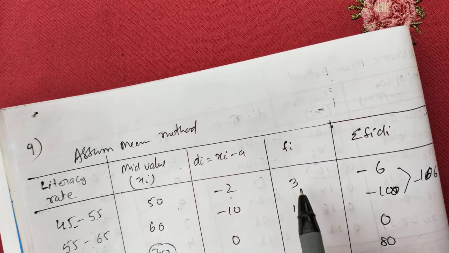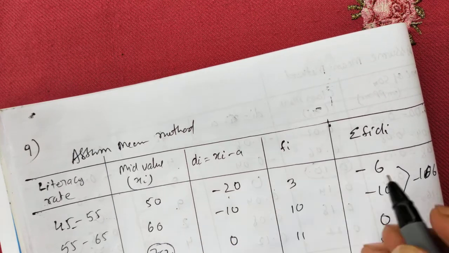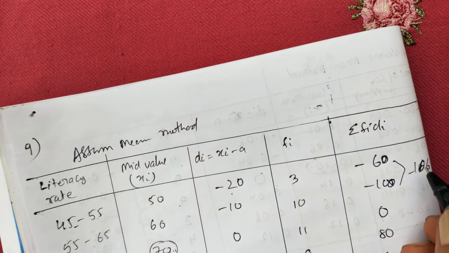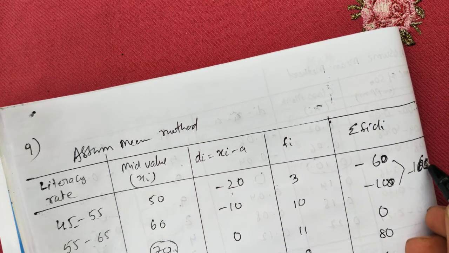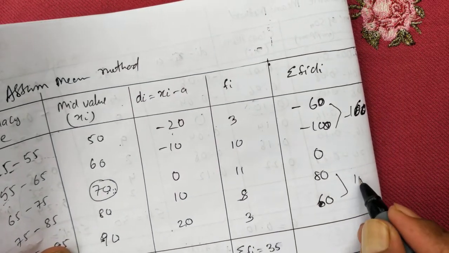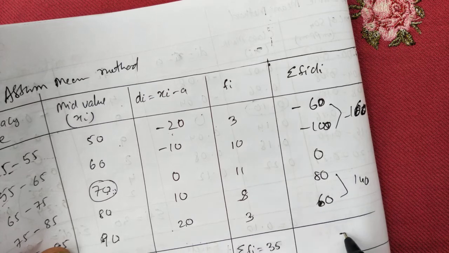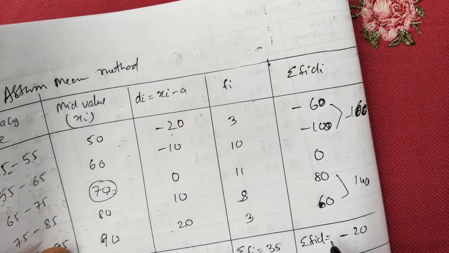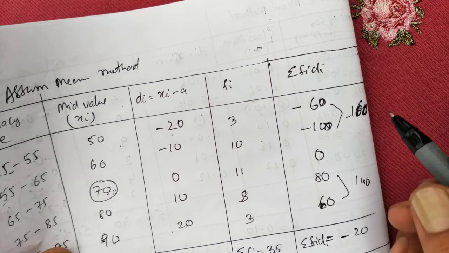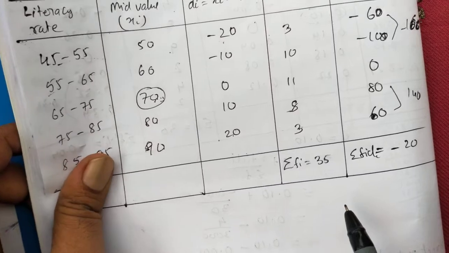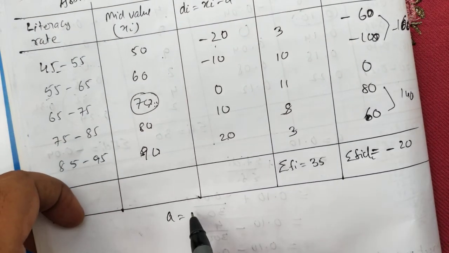Sorry, this is 20, okay, mistake. 3 into 20 is 60, so we'll get minus 160, and the total of this is 140. If I subtract this, I'll get minus 20. Summation fidi is minus 20. Minus 160 plus 140 is minus 20. So here a is 70.